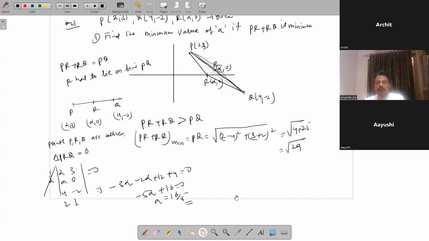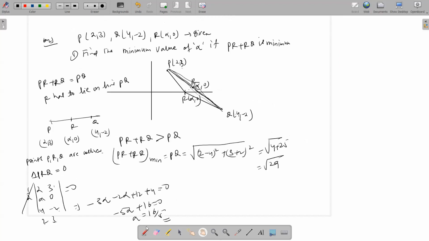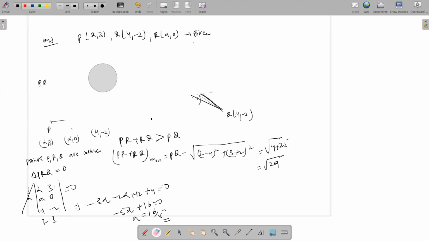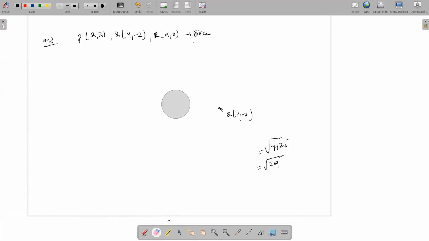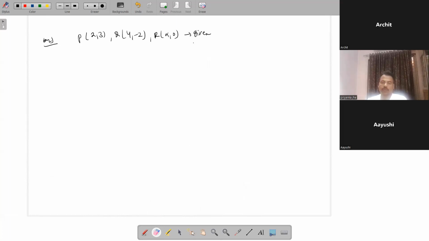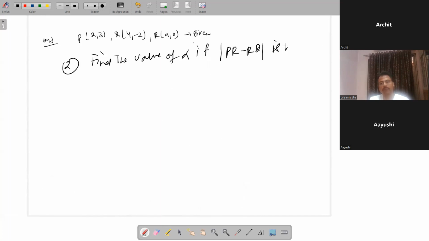Okay, now second question is, find the value of alpha if mod PR minus RQ is maximum.